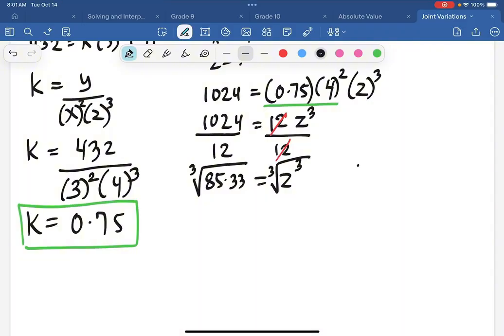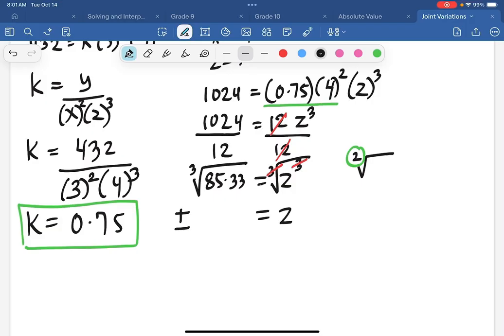For square root, there is an invisible 2, but for numbers greater than 2, we use the numbers that are now visible. So we have here the cube root of 85.33 and the cube root of z cube. So based on this one, we could cancel. So we have z, and still the same thing, positive and negative.